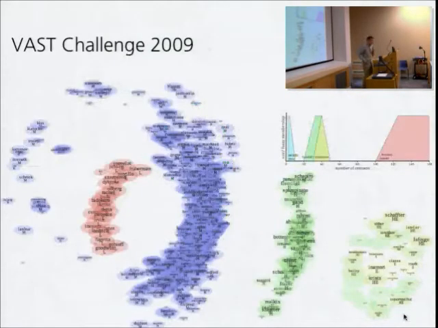Okay, a couple more examples from some VAST challenges that we were involved with a few years ago. Again, another force-directed layout. In this case, this challenge involved identifying some industrial espionage, based on looking at the contacts people had made over some social network.